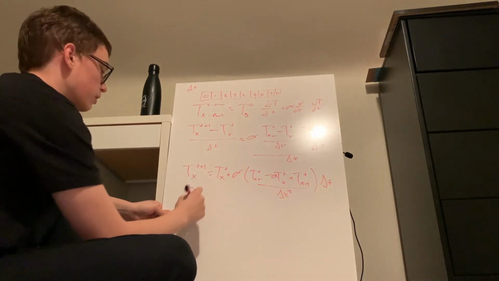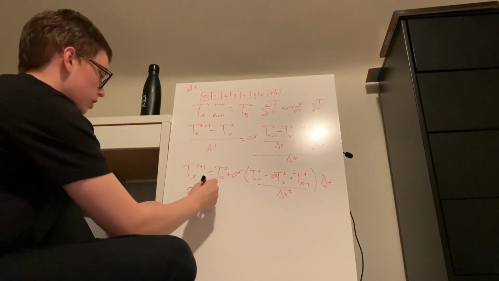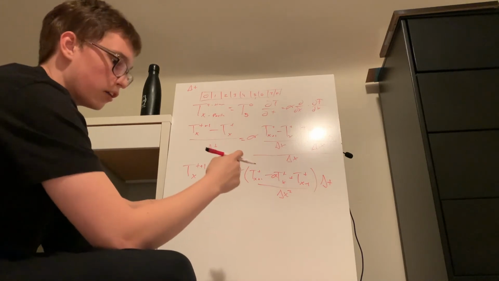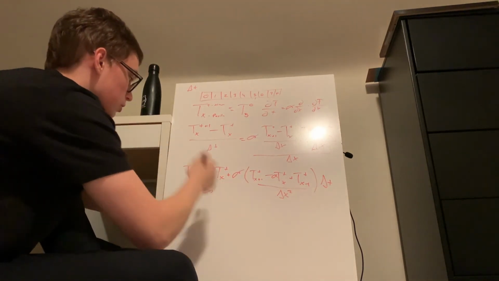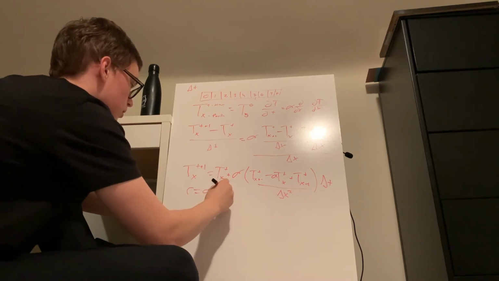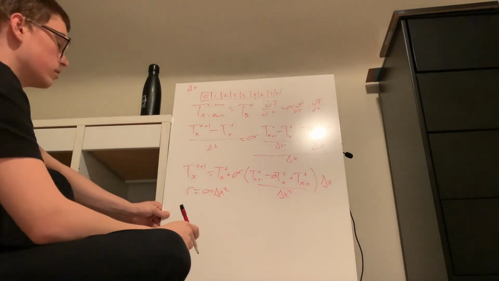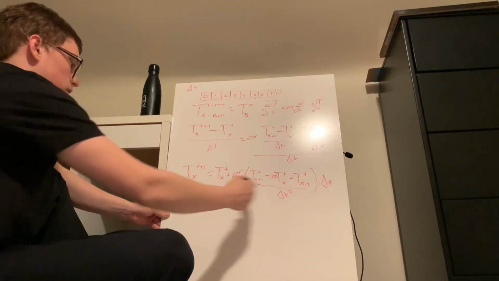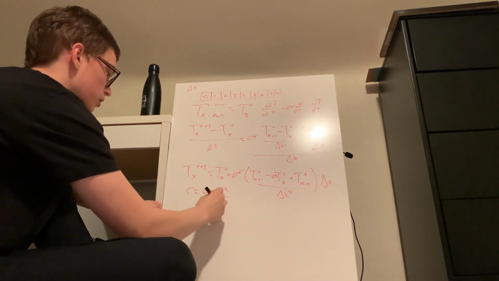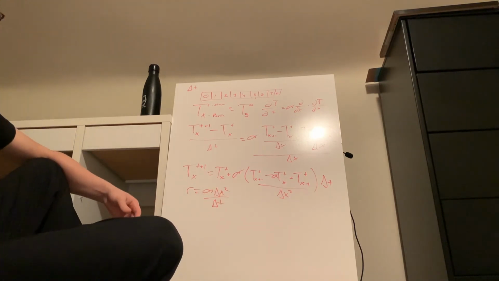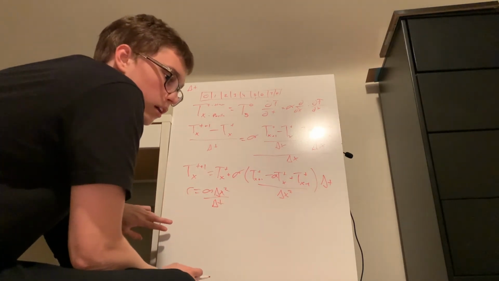So if we define a value of R and equal that to our alpha, I guess we'll do change in position squared, and then over the change in time.